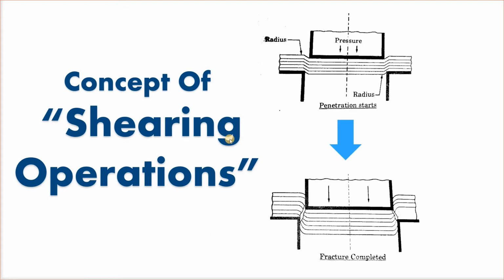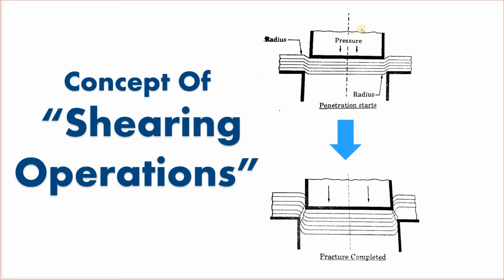Okay, so let us understand the concept of shearing operations in this session. If I talk about a sheet metal cutting operation, then in this process we need two cutting edges that should act against each other.